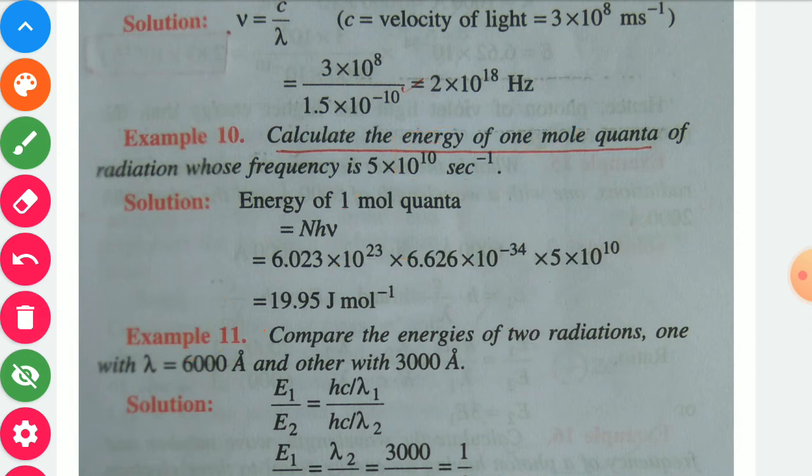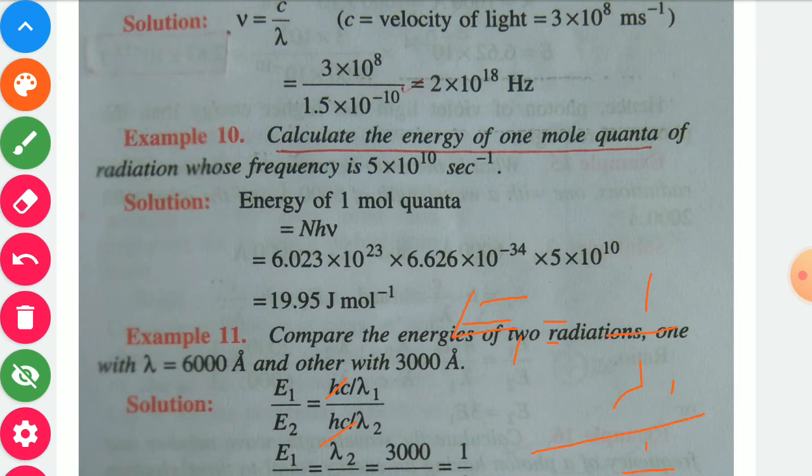So here E1 upon E2 is equal to (hc upon lambda 1) upon (hc upon lambda 2). At the place of E2 we may write hc upon lambda 2. On solving this, hc will be cancelled. Therefore we will find E1 upon E2 is equal to (1 upon lambda 1) upon (1 upon lambda 2).